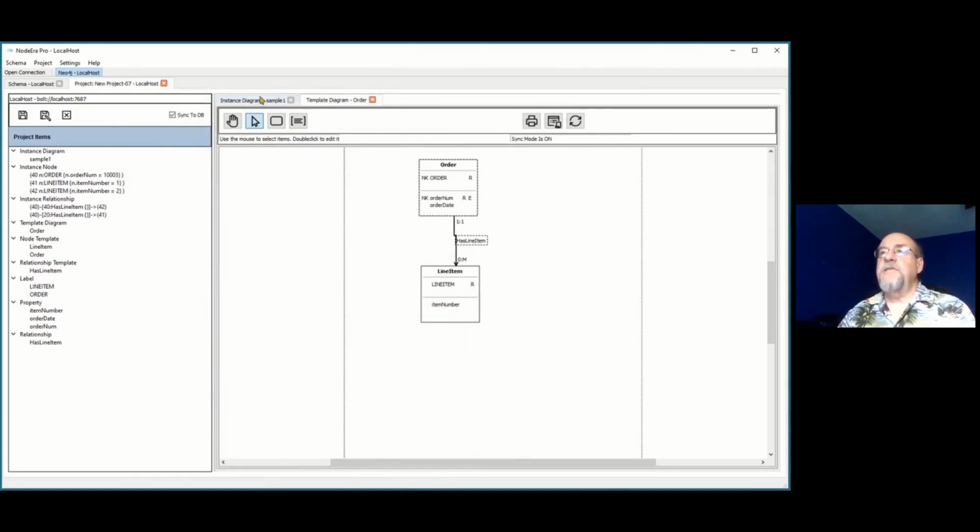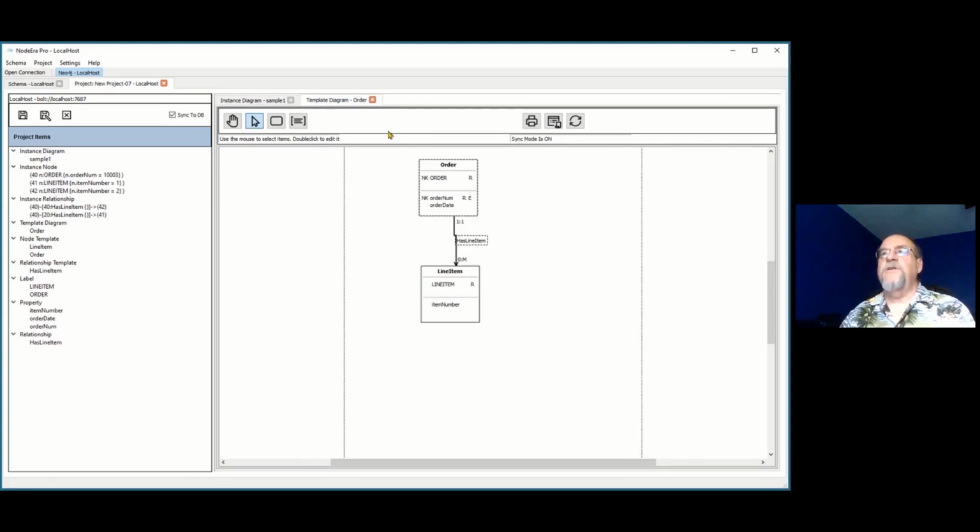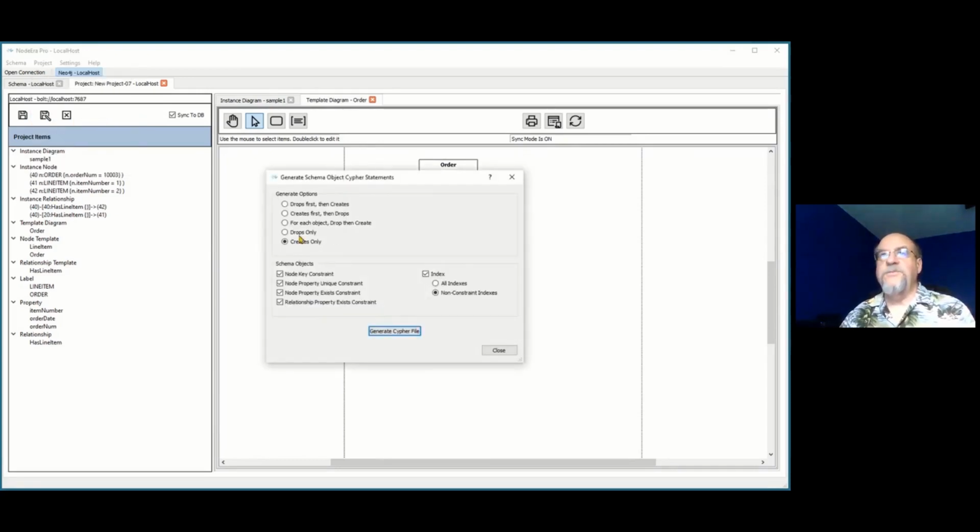So now you see the order. Once again, we've gone from our instance data prototype and generated a template design, and we've enhanced that with constraints and additional properties.